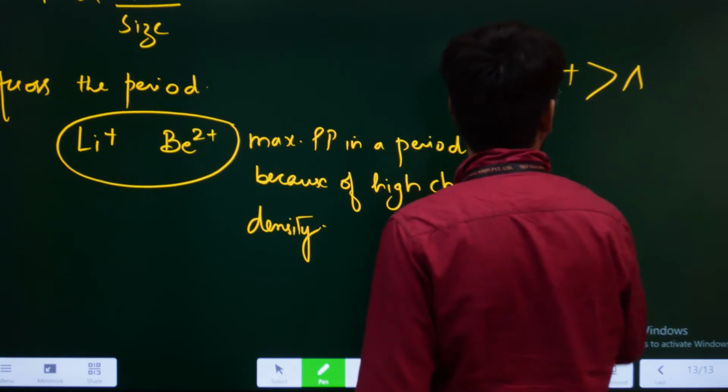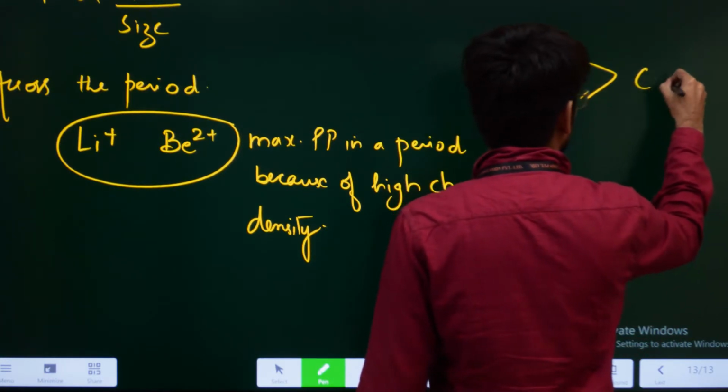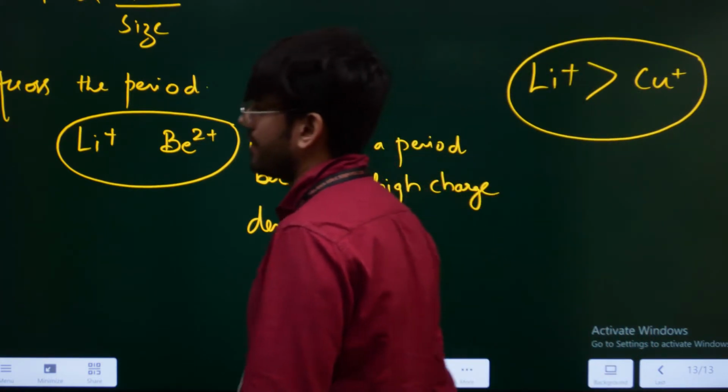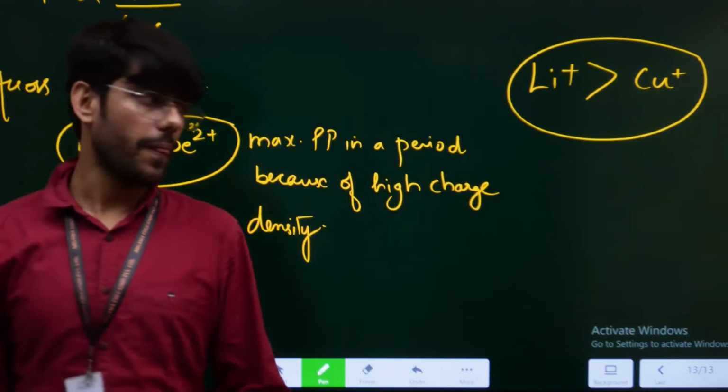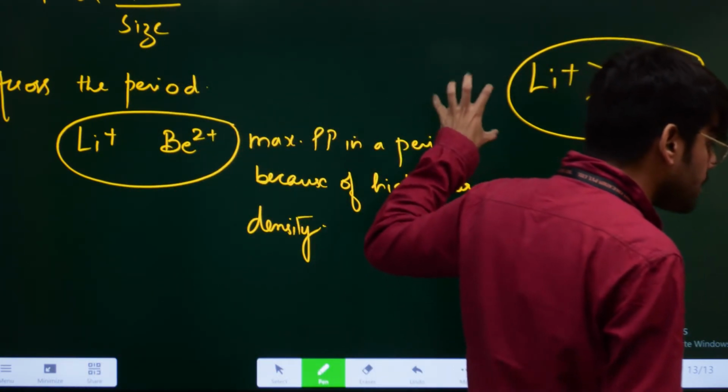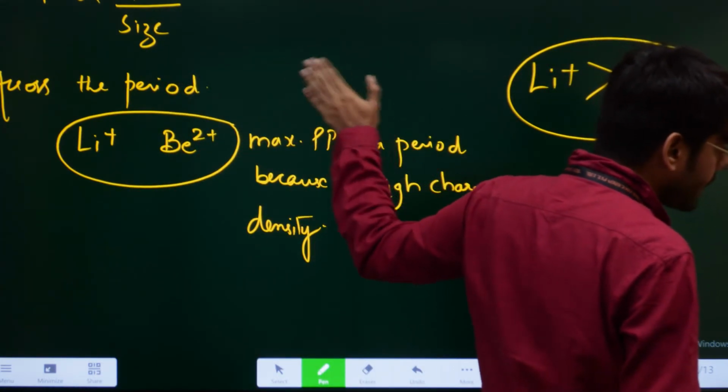Tell me if this point is clear. Because of this high charge density, they have small size and high charge. So these are the exceptions.